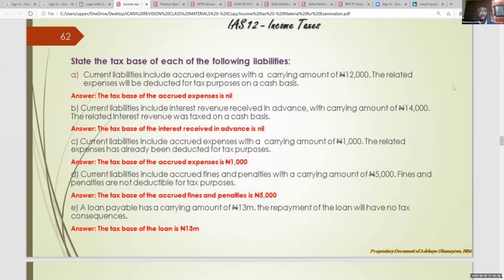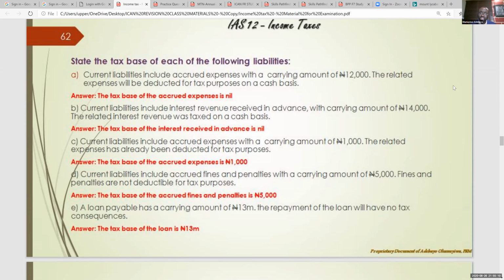In that situation, what then happens? It means it results in a permanent difference. There's no deferred tax implication, because the temporary difference is nil. And it's only nil because the carrying amount equals the tax base. In this case, the tax base will be derived from the carrying amount of 5,000 naira.